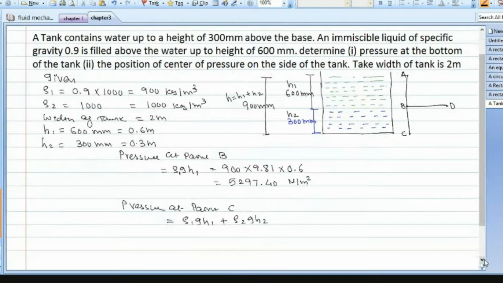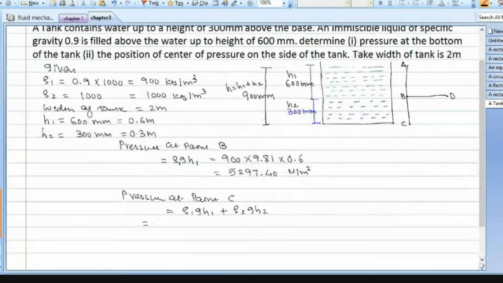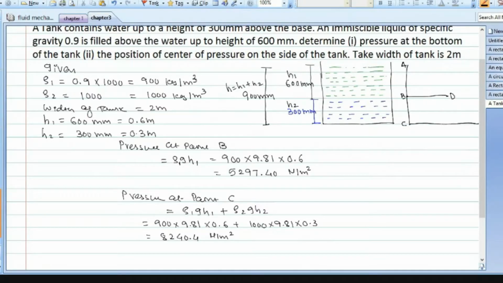We put down the values: rho 1 is 900, G is 9.81, H1 is 0.6, rho 2 is 1000, 9.81, into H2 which is 0.3. So we get the final answer, 8240.4 Newton per meter square. We get the intensity of pressure at point C, and I plot it using the scale.